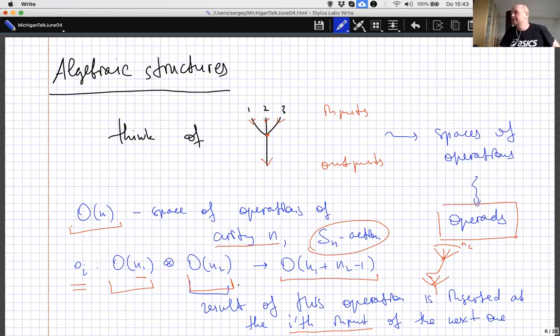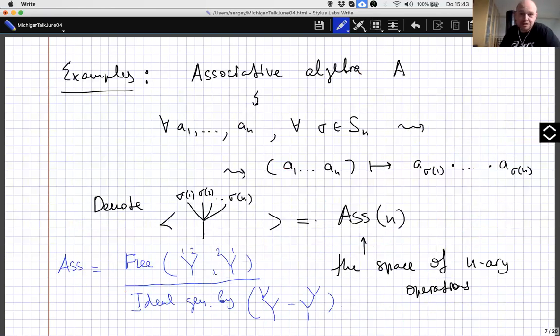So this is a way to think about algebraic structures abstractly without going into examples. And still, it's good to understand how it's related to the usual structures that we used to think about. For instance, what happens if I just have an associative algebra? I can take any n elements of this algebra, any permutation sigma, reshuffle these elements using this permutation, and then multiply all of them from left to right using my associative product, right?